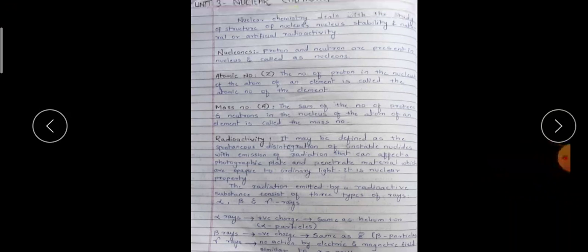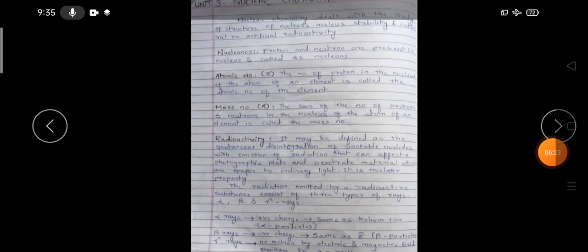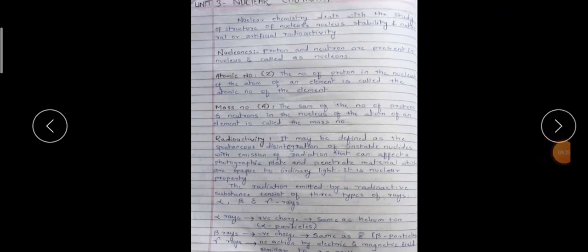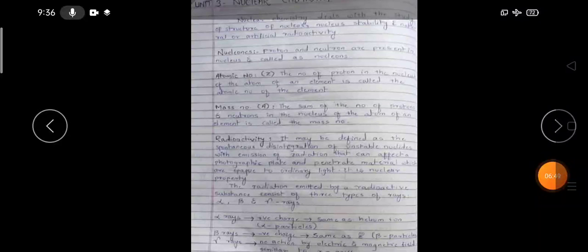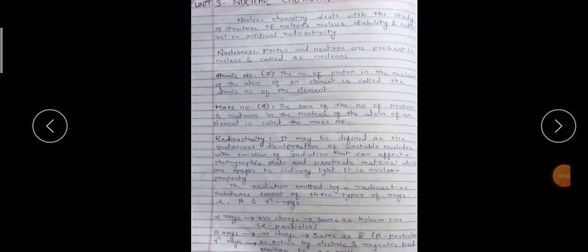Disintegration means that the particular molecule will convert into another form by emitting radiation which can affect the photographic plate and penetrate materials which are opaque to ordinary light.